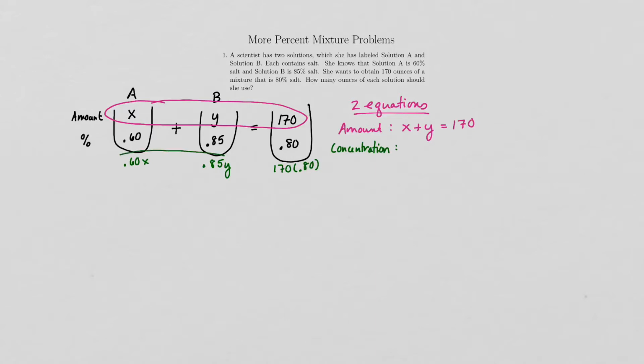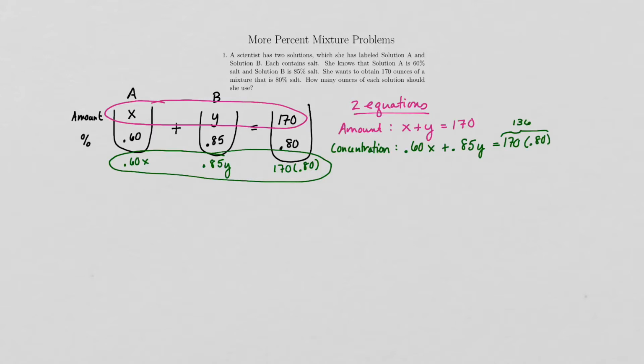This second part down here is going to be my concentration equation: 0.60x plus 0.85y equals 170 times 0.80. We have to figure out what 170 times 0.8 is, and if you do that, this part here is 136.